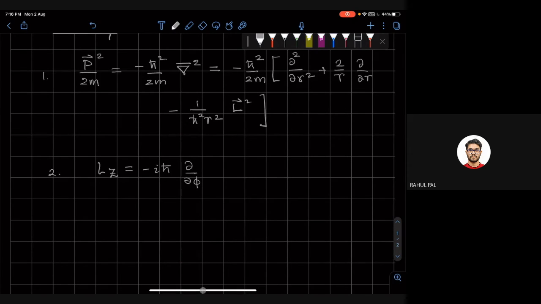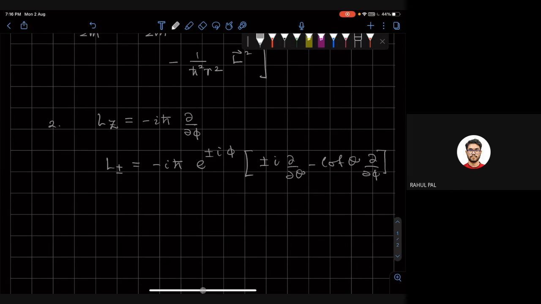Okay, and then we also had L plus and minus, the raising and the lowering operators, and they were given by minus i h bar e to the power plus minus i phi, then plus minus i d by d theta minus cot theta d by d phi. Okay, so this is useful.